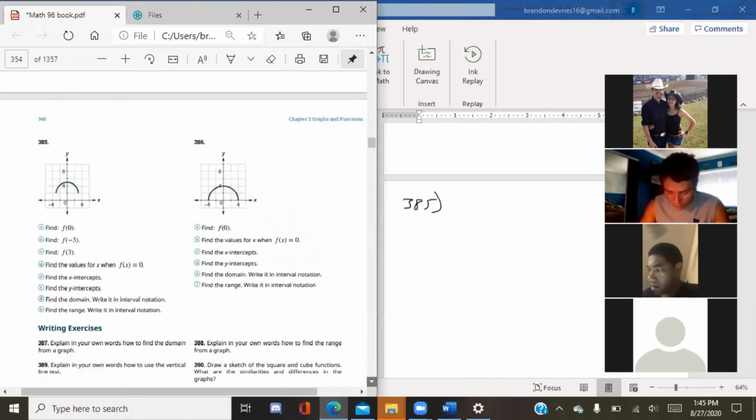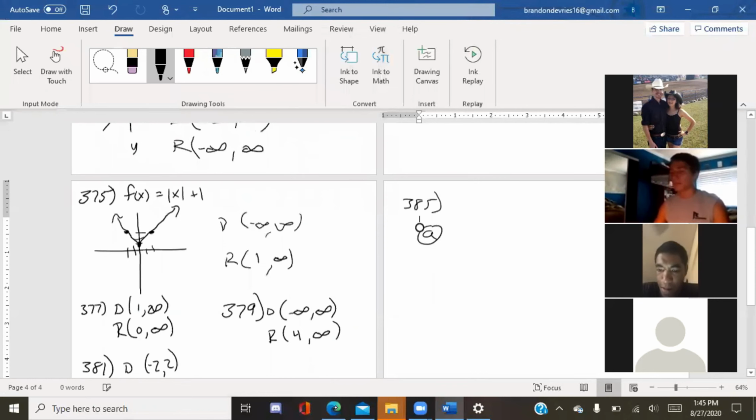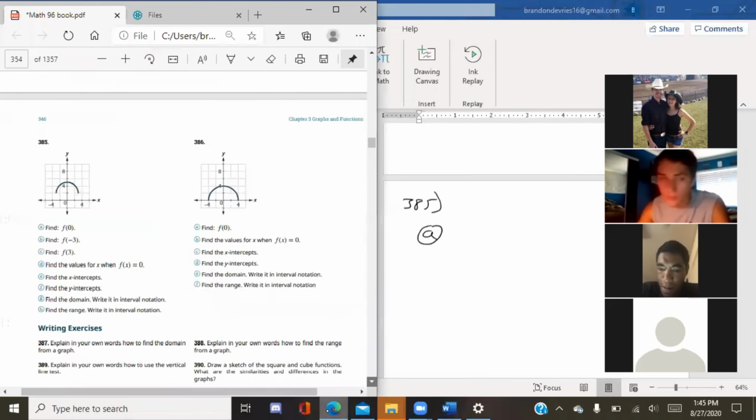All right. Oh, wow. Another A, B, C, D, E, F, G, H. But now that we know what's going on, it should be a little easier. All right. So A. Find f of 0. So the 0 would be right here, right?